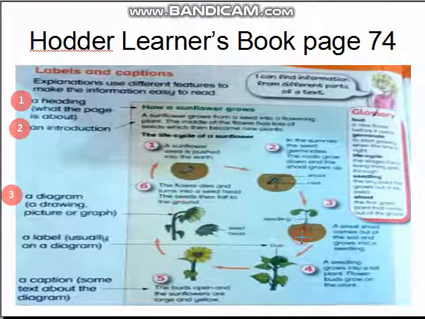This one is called a diagram. Do you see the arrows? Inside these arrows are called diagram. A diagram is a drawing or picture or graph. Again, a diagram is a drawing or picture or graph.